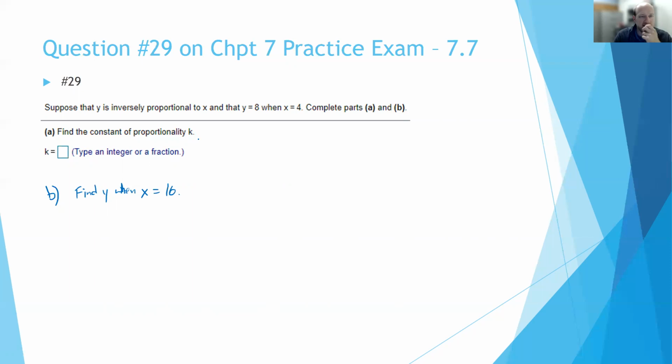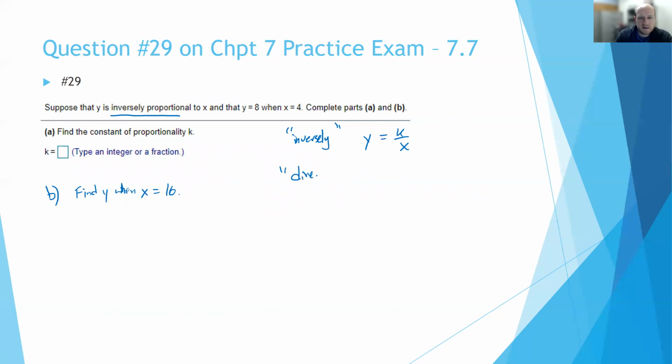Let's first find the constant of proportionality. So as a review, this one was inversely proportional. And if we remember, when it says inversely proportional, it's an inverse. So that's y equals k over x. We learned that in section 7.7.